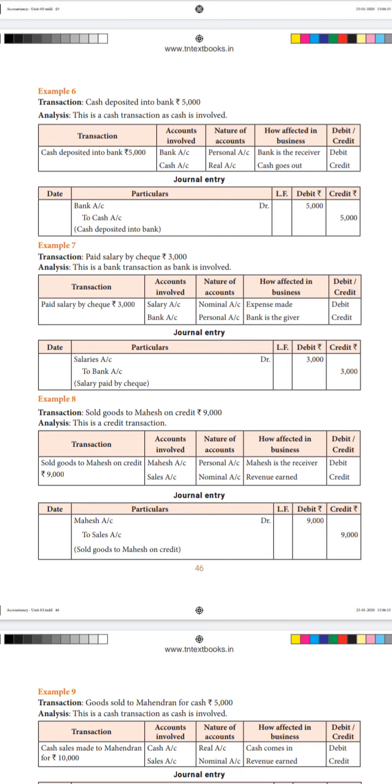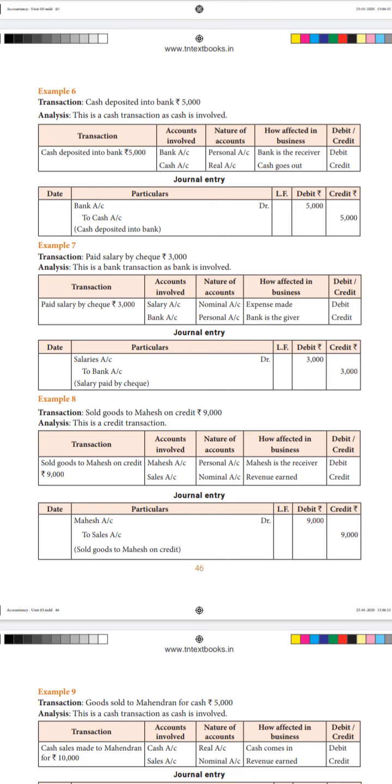So here the two accounts involved are Mahesh account, and since we are selling goods, sold goods is given there, right? So automatically we have to take up sales account.